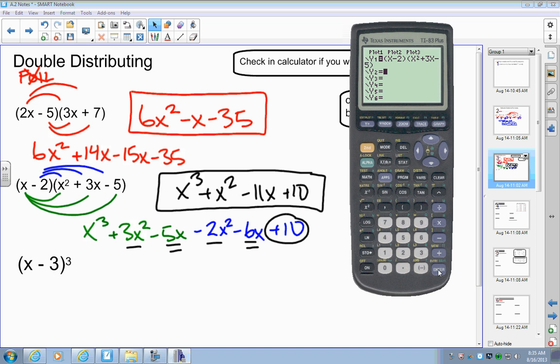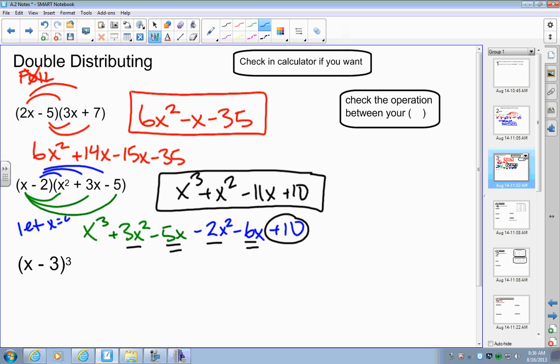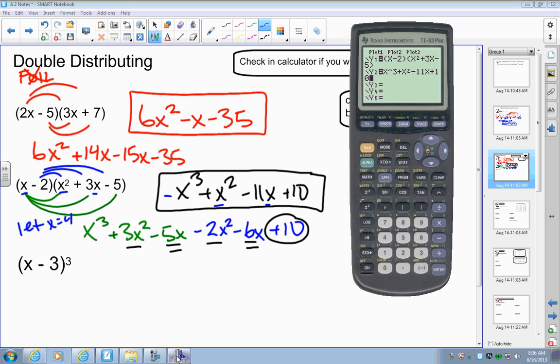And in the next line, plug in the standard form. Now, if these are the same, if you go to your table, you should get the same numbers. So basically, if you let x equal 4, and you plug a 4 in everywhere you see an x and you do all the operations, you get the exact same number.